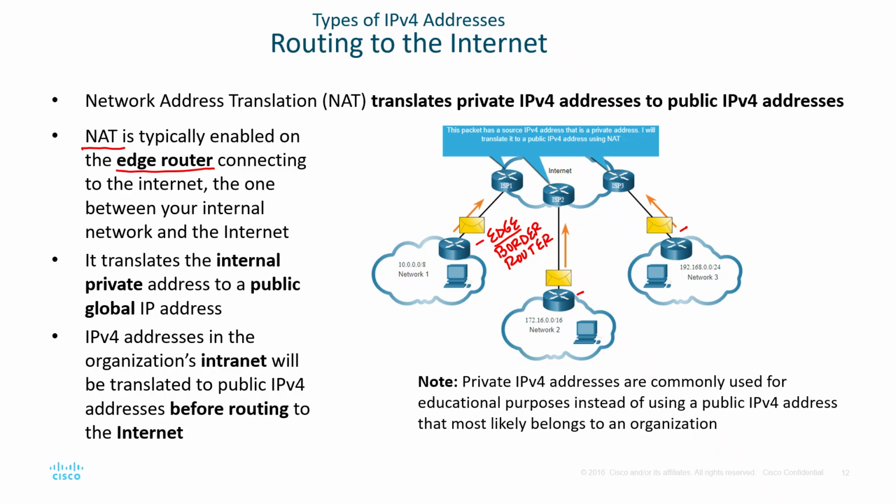Okay, so internally you can see you are using your private addressing schemes. It would get here. This router would say, oh, no, no, no. This router would refer to a NAT pool that we as the administrators create.